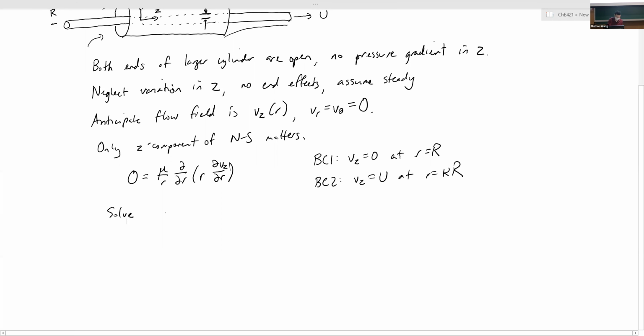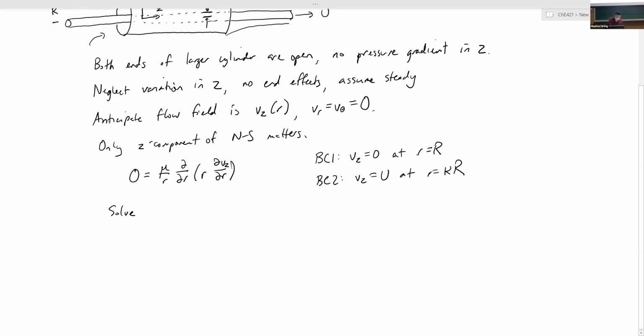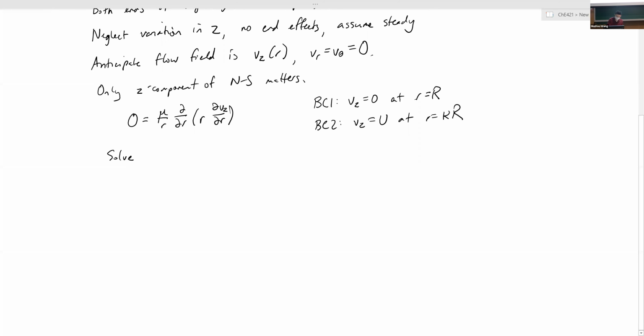So we get d by dr of r dVz dr is equal to 0. Okay, that implies that we integrate once, we get r dvz dr equals C1, some sort of integration constant, right? We can divide by R and then integrate again. So let's go ahead and divide by R. dvz dr equals C1 over R.